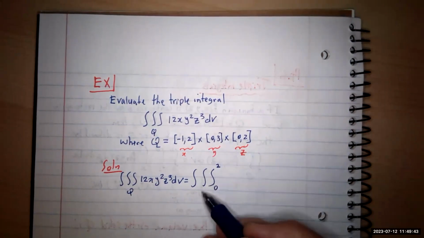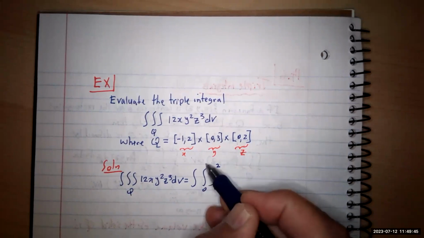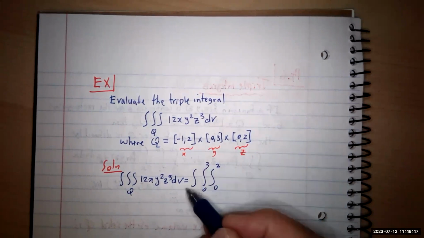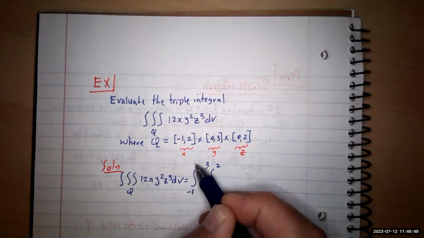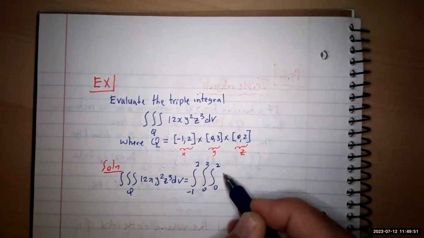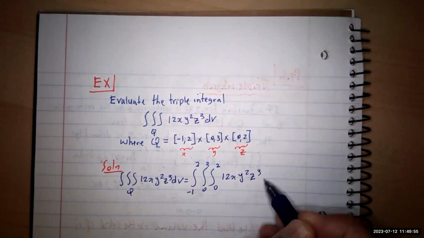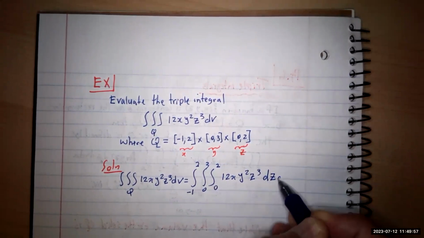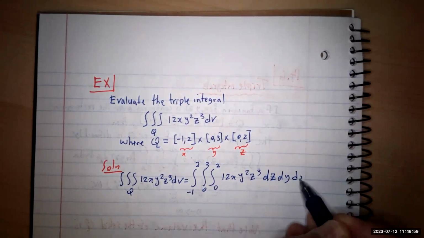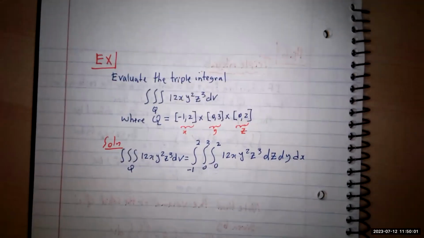Then I go with the y, 0 to 3. Eventually x, -1 and 2. So the order that I pick is this one: I go with the z first, dz, dy, dx. Or you can switch the order, but make sure that you put the correct limits of integration. Any question?